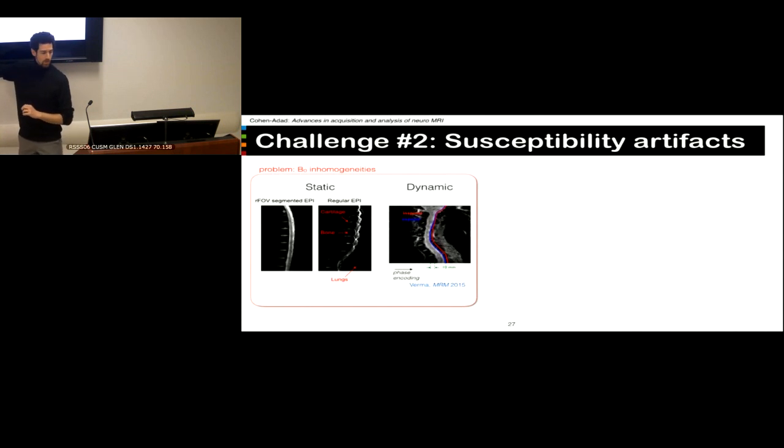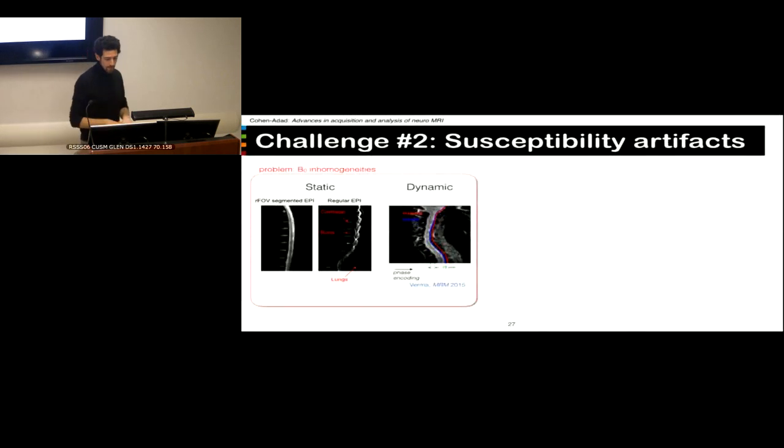And I can guarantee you, and I'm going to demonstrate that after, that the motion you see is not the motion of the patient when the person breathes. It's simply due to a shift in the B0 field, right? The phase encoding was in this direction, and you can see that the motion appears in the phase encoding direction. So that's absolutely horrible.